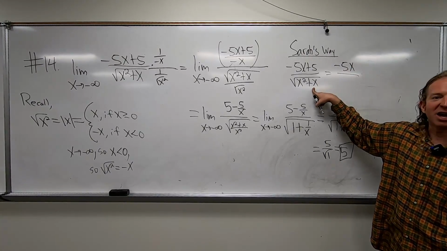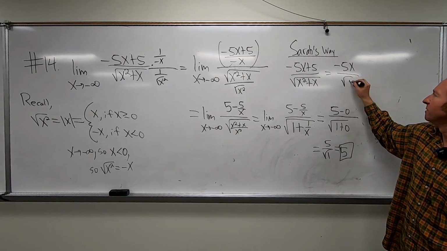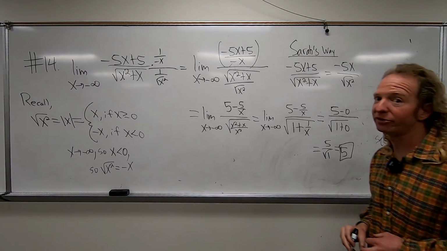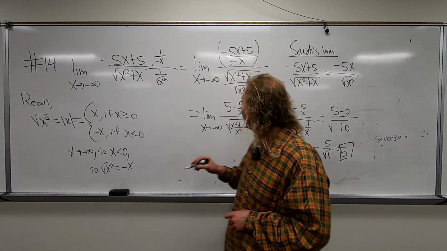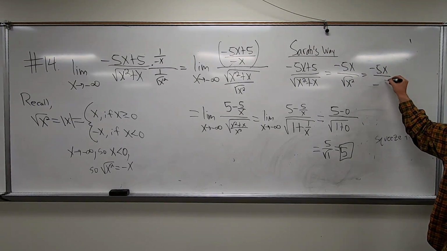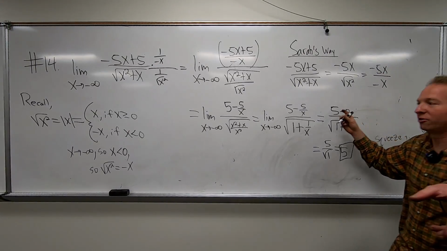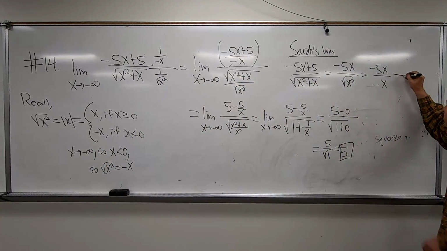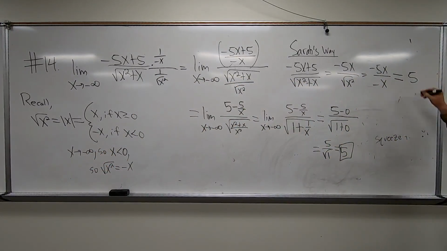And then here you drop the x, so you get this. So Sarah's way may be a cheap way to do it, but you still have to know stuff. Because what's the square root of x squared going to become? Negative x. So you still have to know that, right? So you still have to know what John was talking about, even when you use Sarah's way. Even when you use this ancient method, you still must know stuff.